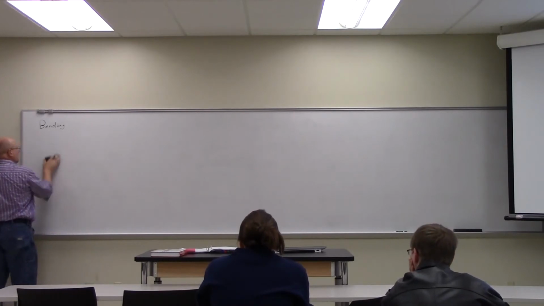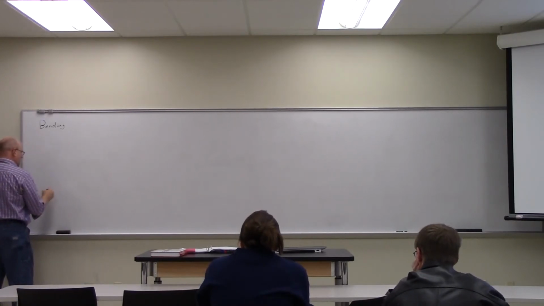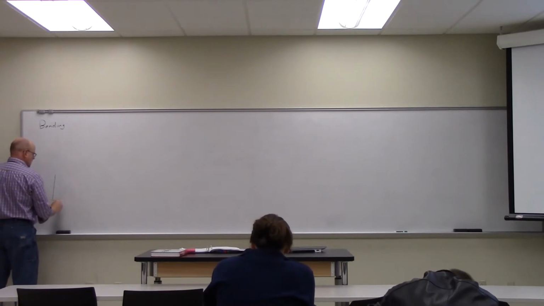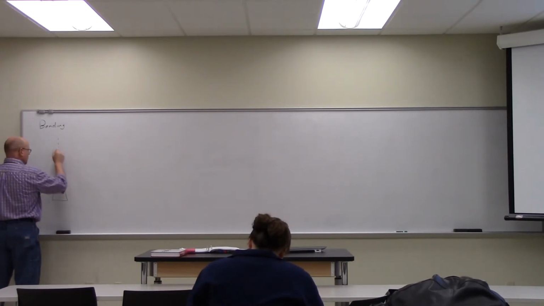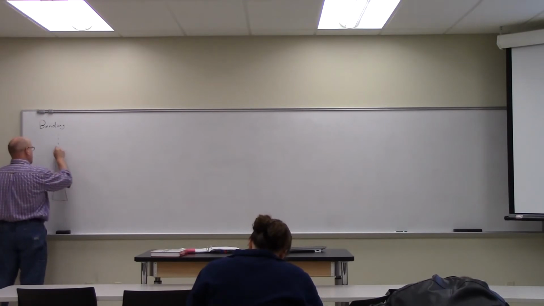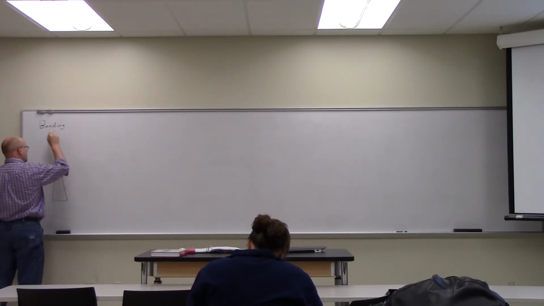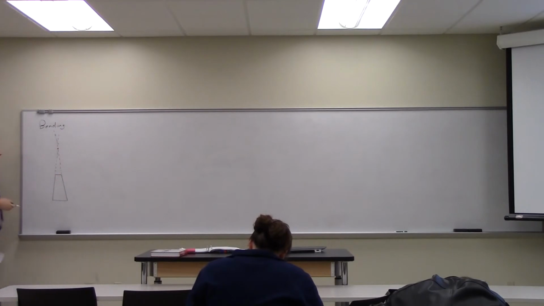Actually, let me draw that trapezoid a little lower on the board. And I'm exaggerating the angle of the trapezoid for the purposes of demonstration. Okay, so there's some center of rotation for that particular slice.